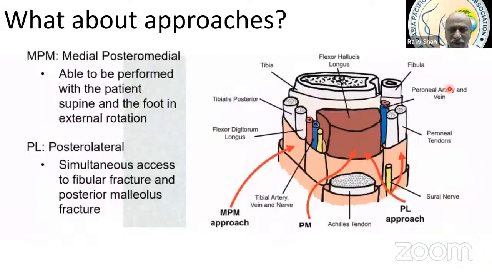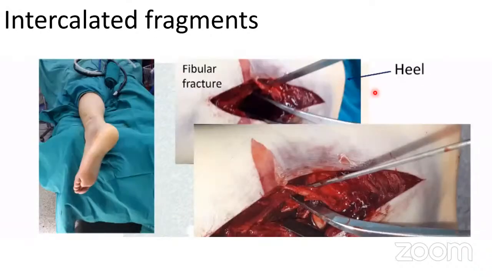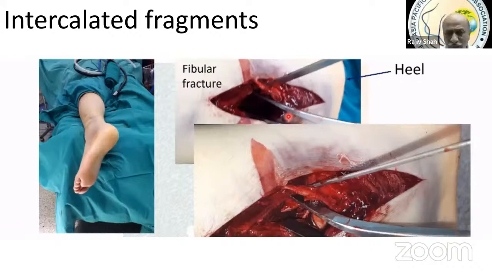Sir, excuse me. Would this mean that whenever we have this intercalated fragment, we should be doing these surgeries in a floppy lateral position rather than in a prone position? No, this picture is in a prone position. You can do it in a prone position.